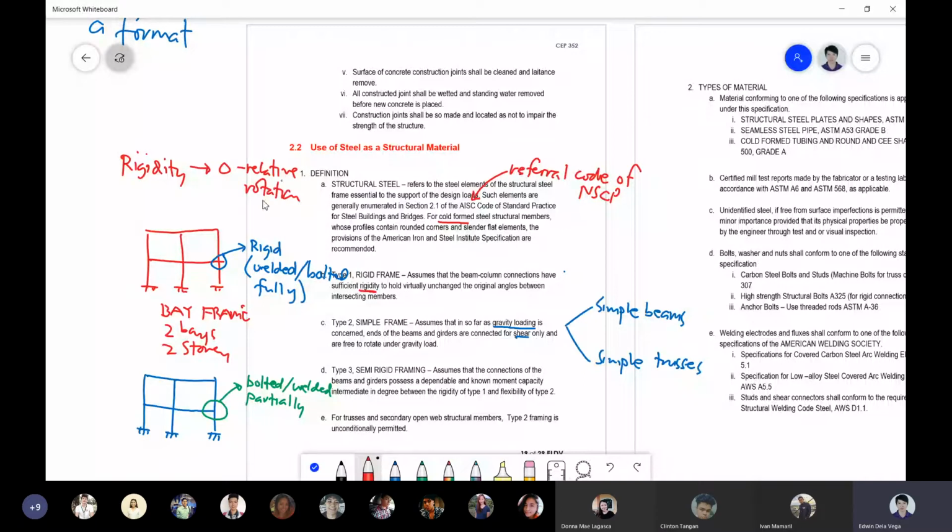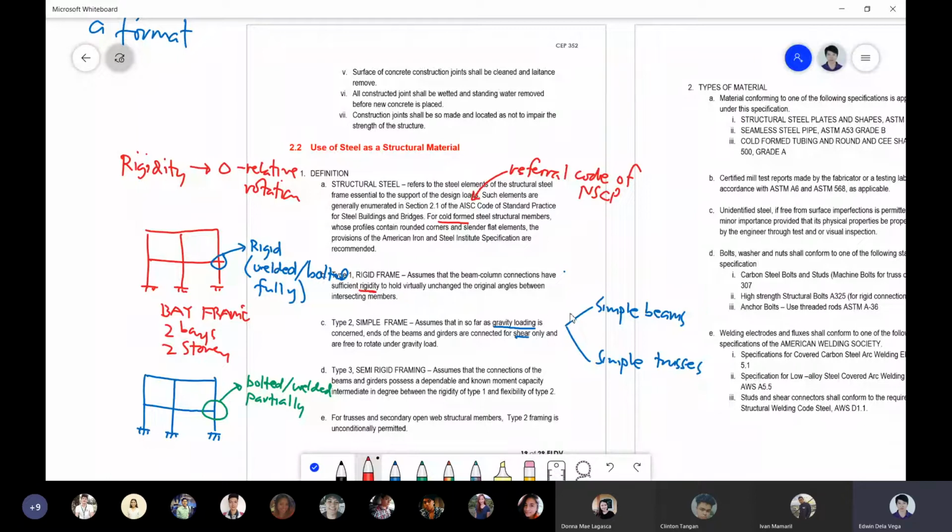When you say rigid, this will not rotate significantly in terms of its relative position. So again, the rigid frame is fully welded and bolted.